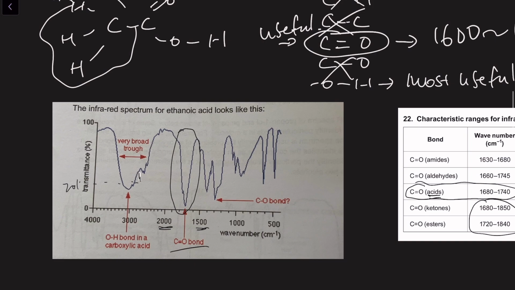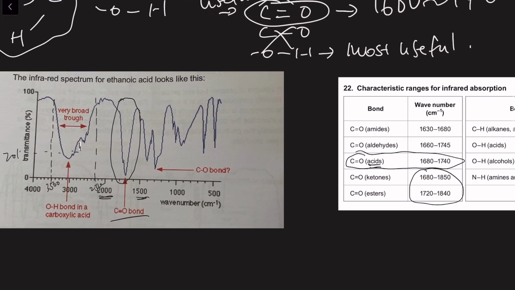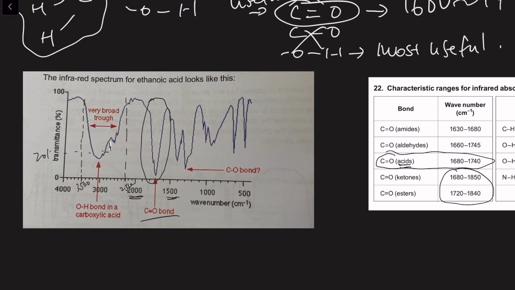So you can see that the trough ends at around 3500 and starts at around 2500. And this is exactly what we would expect when we have something like carboxylic acids. So by looking at this very broad trough alone, we know that we have carboxylic acid.